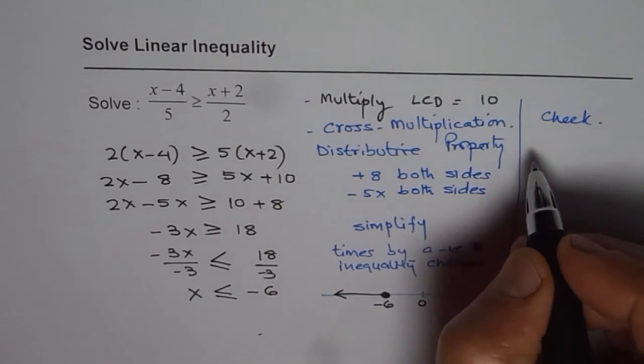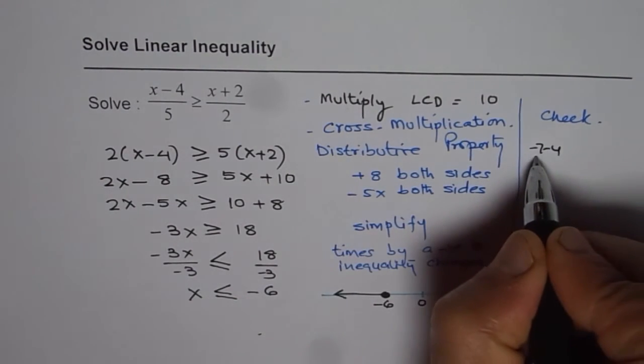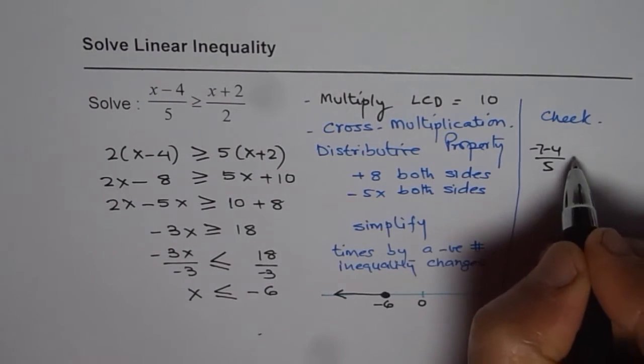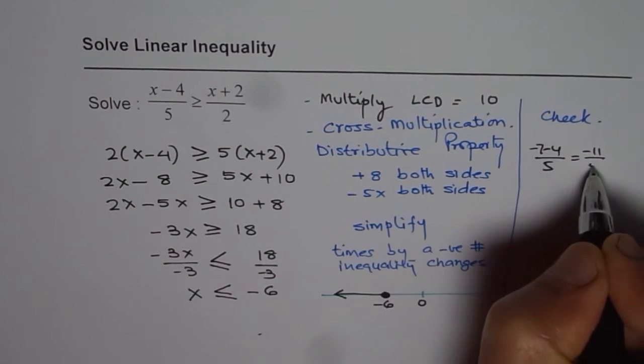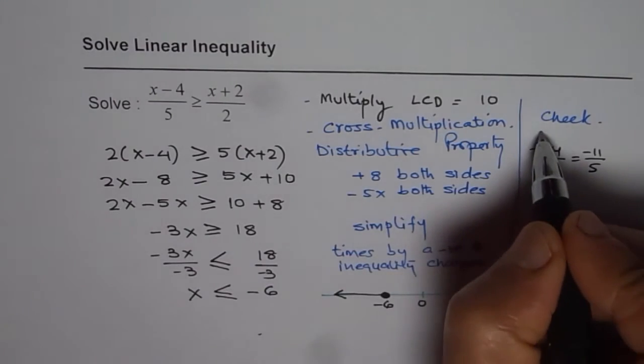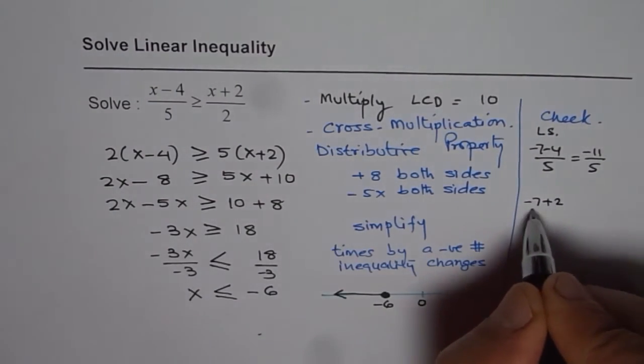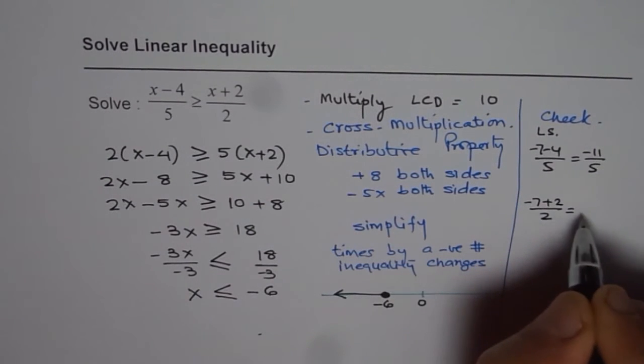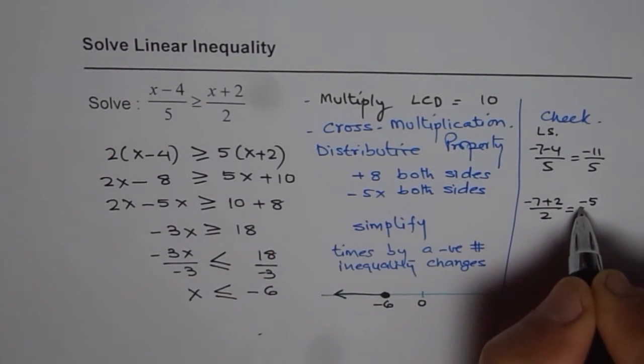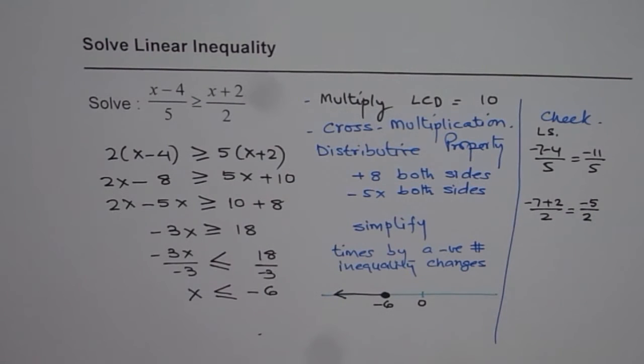If I substitute minus 7, I get minus 7 minus 4 divided by 5. This is equal to minus 11 over 5. That is my left side, right? And on the right side, I've got minus 7 plus 2 divided by 2, and that is equal to minus 5 divided by 2, right?